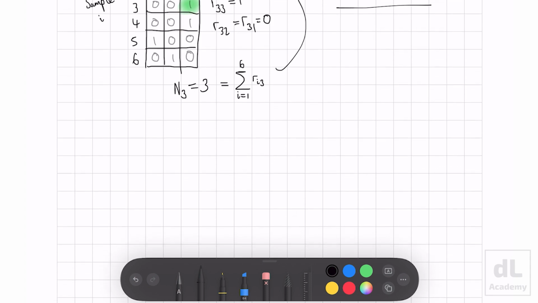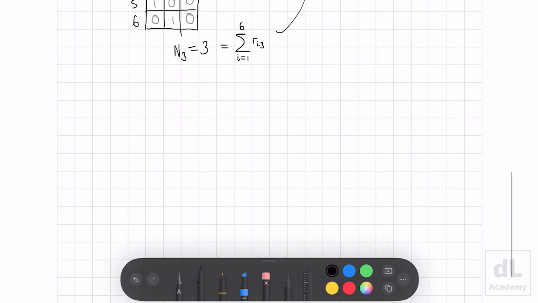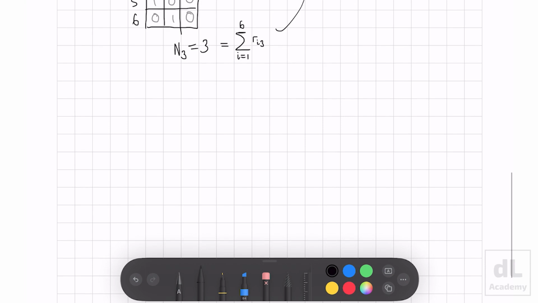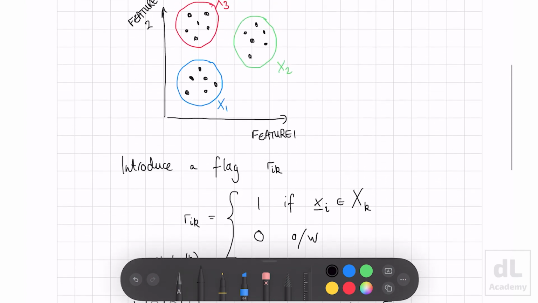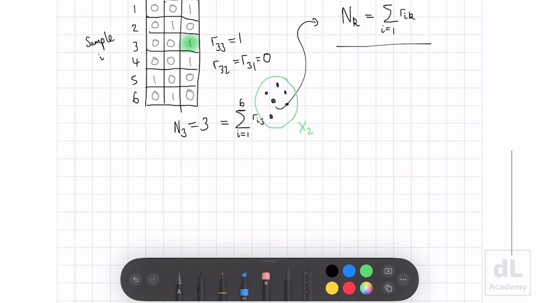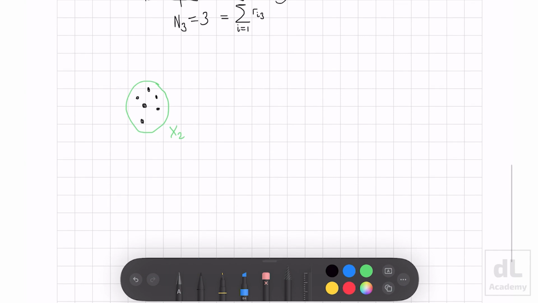Okay, so now we talked about k. So where do the means come from? An interesting thing we can do within a cluster is ask the question, what's the average sample in that cluster?